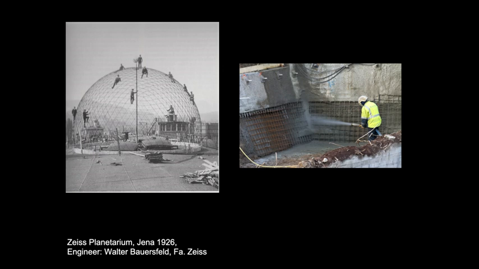And the idea behind it is to spray the concrete on this structure. You can see a contemporary picture on the right hand side, where a man is spraying the fluid concrete on a structure of steel.